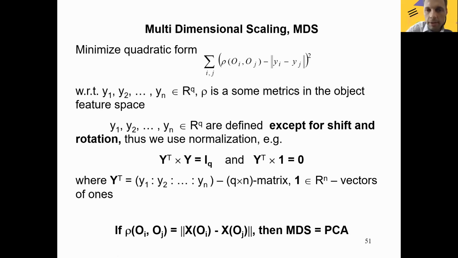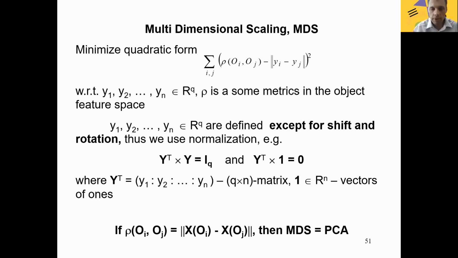But in many applications, it's not possible to do this, and so the only thing we can do is to define the distance between objects as it is. For example, in social studies, we don't know exact vector representations of objects.